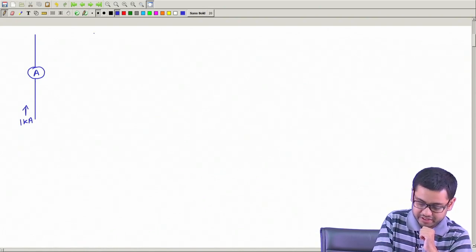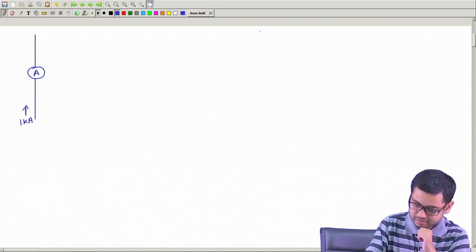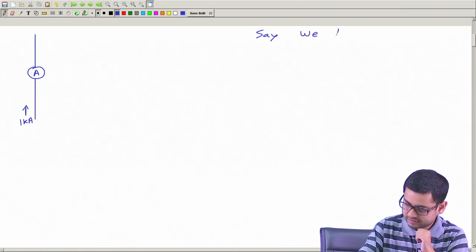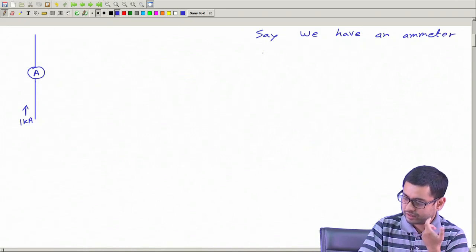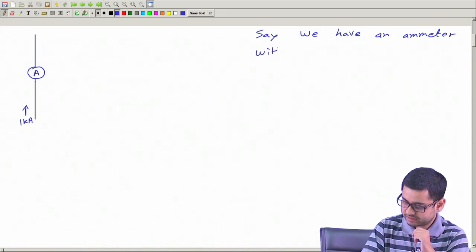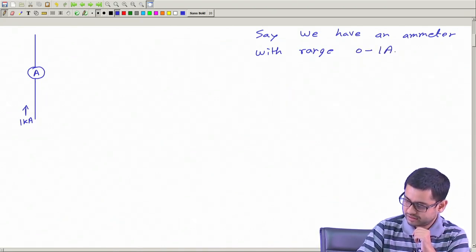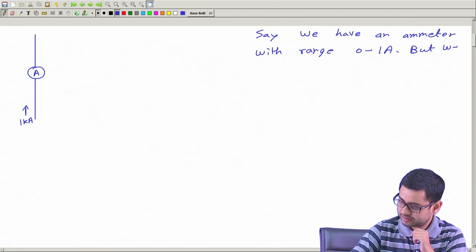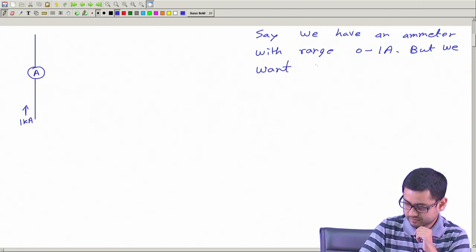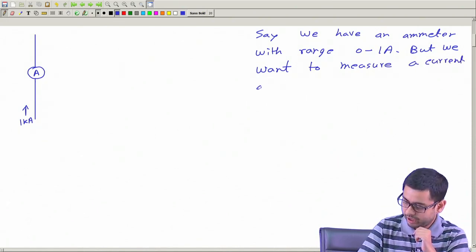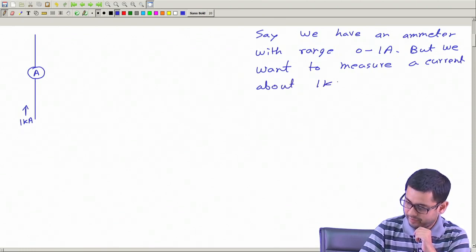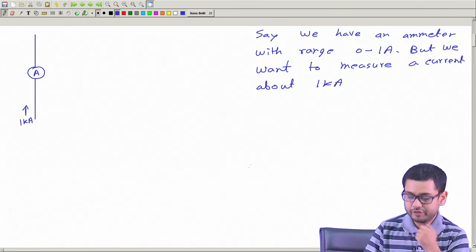Now say I have an ammeter with range 0 to 1 ampere, but we want to measure a current of about 1 kiloampere. So what can we do?